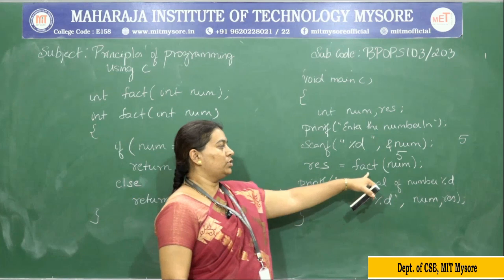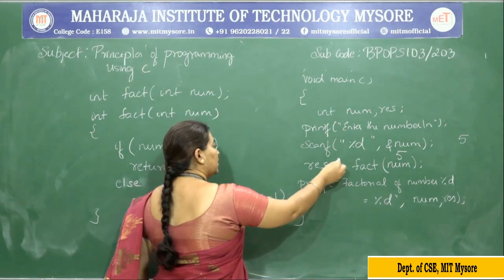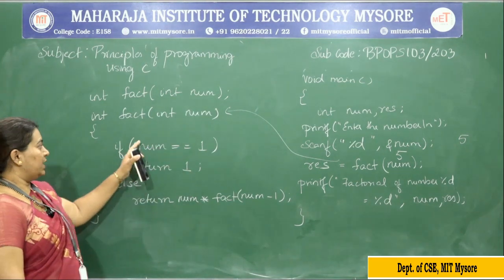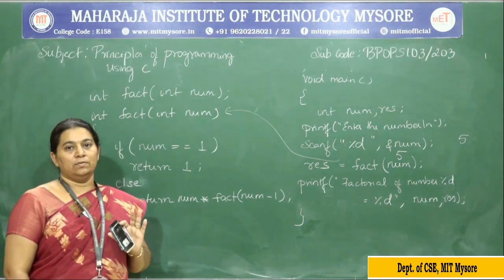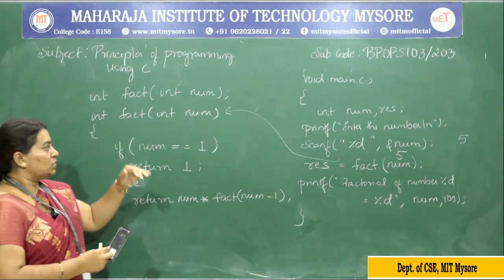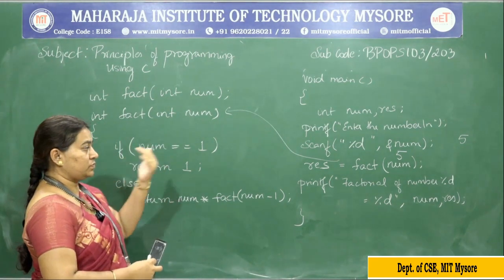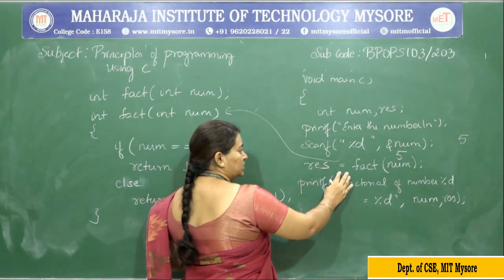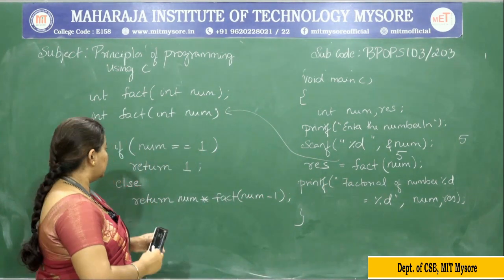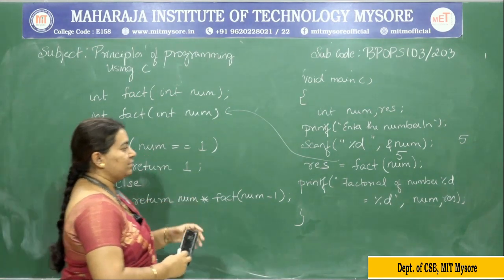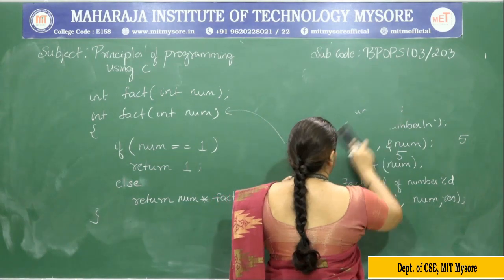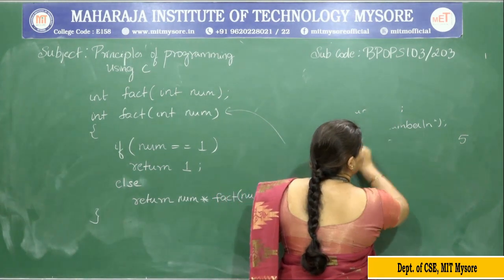So once I call this function, the execution jumps to the function part. So next it is going to come here. So how to trace this? You know how this has been done, right? So next we have to see how to trace it. So I'll take that example here. Next is to print the result. So we'll see the function part.